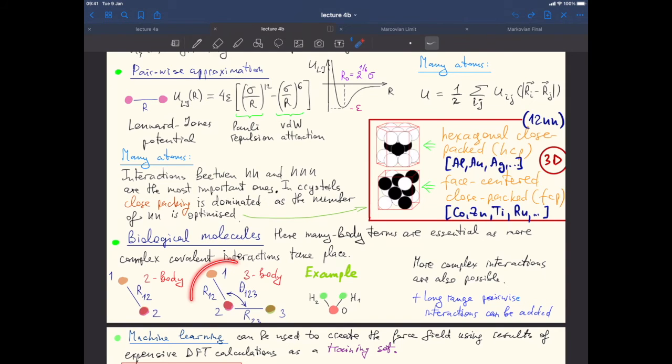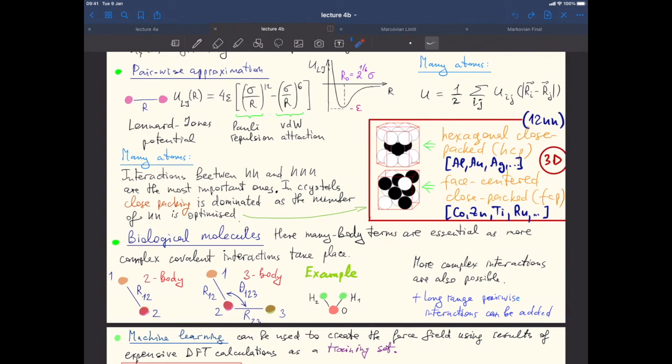You may have three-body interaction, which depends not only on the distance between atoms, but also on the angle between them, or could be the third distance. As an example, you have a water molecule, in which in the total energy expression you may have interactions between hydrogens and their oxygen, and between two hydrogens, or three-body interaction, hydrogen, oxygen, hydrogen, which depends also on the angle between these hydrogens.